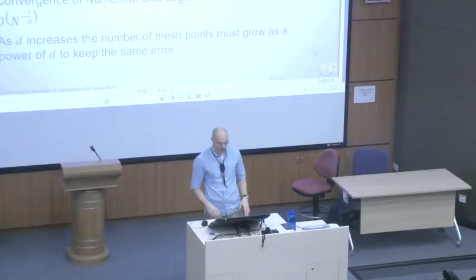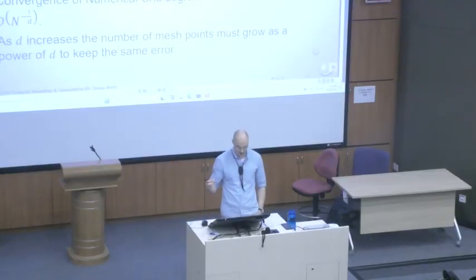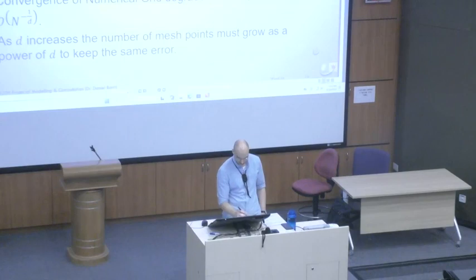Okay, so now how does this look? I have a function f that depends on x1 through xd, and we integrate it over R^d, f of x1, ..., xd dx1 and so forth.